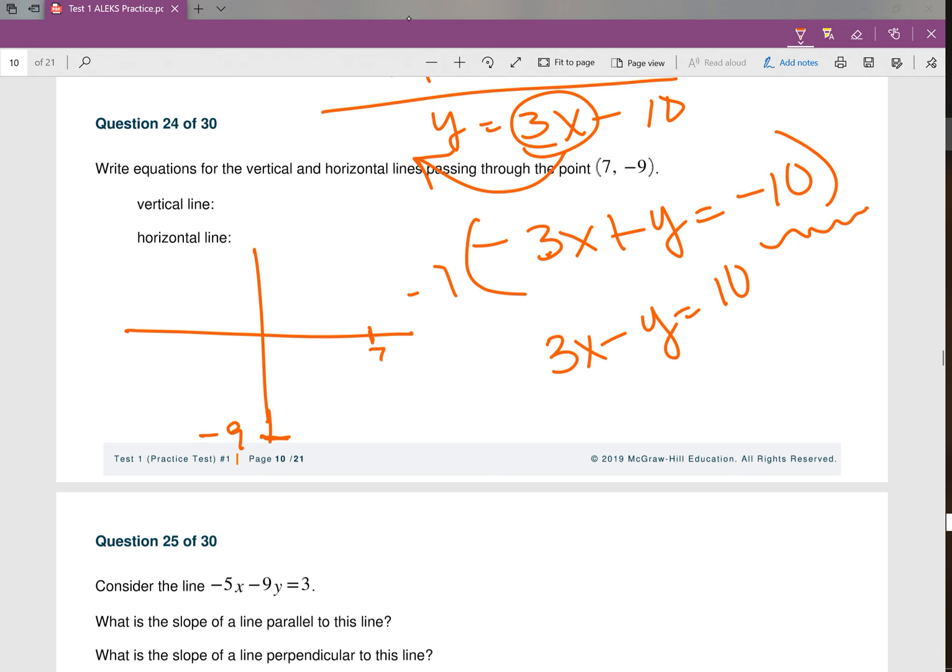So this point is sitting here. If I want a vertical line, then that vertical line, if you remember, is where x is equal to 7. So x equals 7. If I want a horizontal line, then I'm going this way, and I have y equals negative 9.